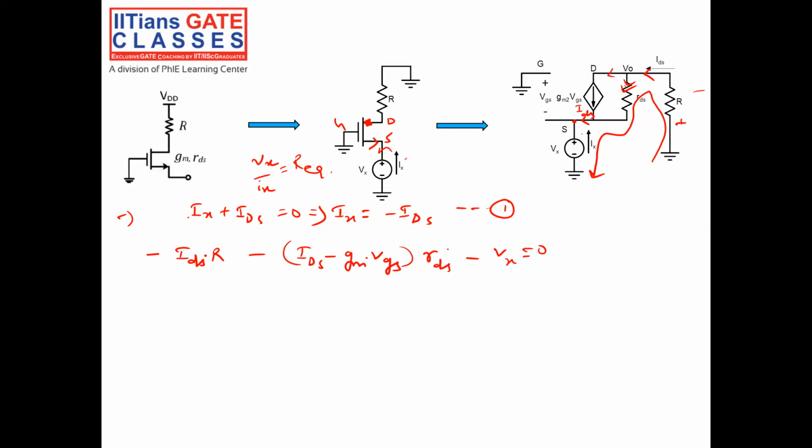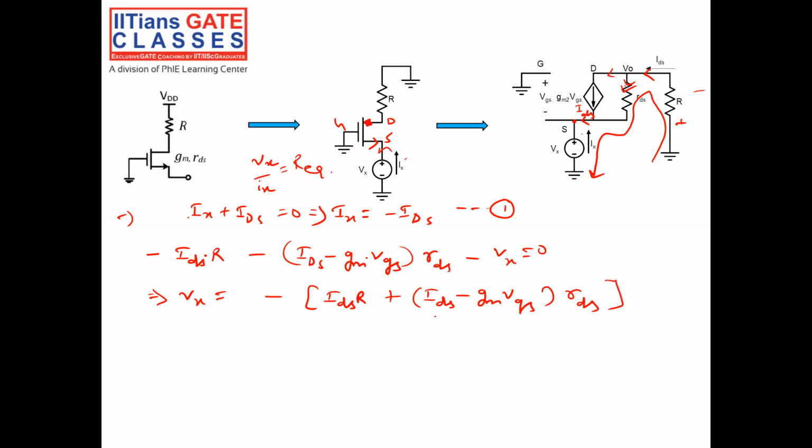So now you see, Vx is equal to minus IDS into R plus IDS minus gm VGS into RDS, right? That is my Vx.